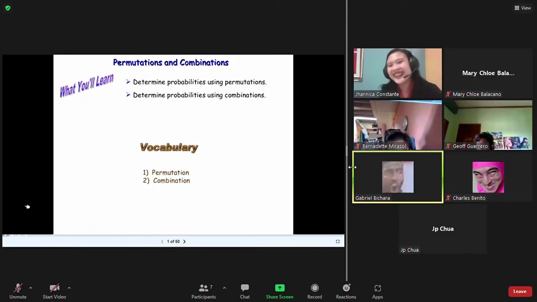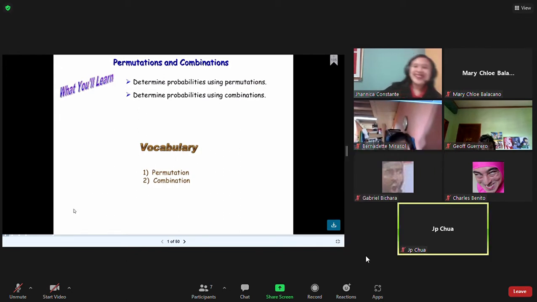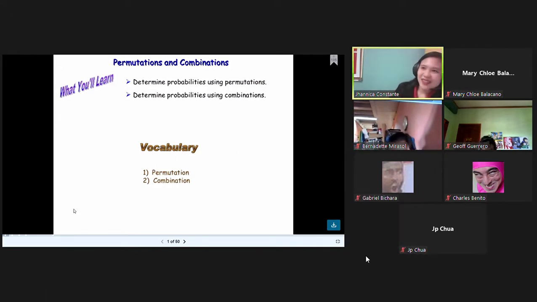Okay, let's go back to our discussion, which is the permutation and combination. Determining the probability using our permutation and also using our combination.